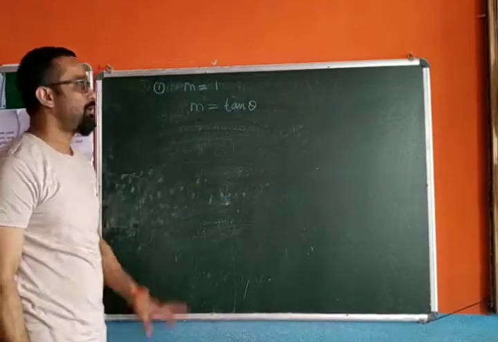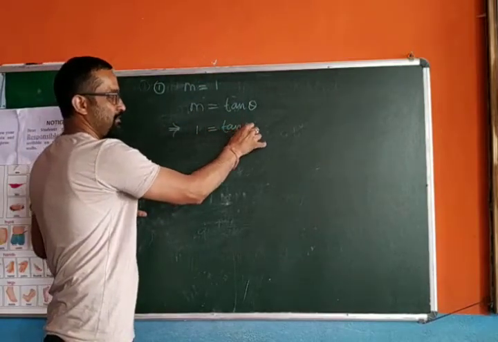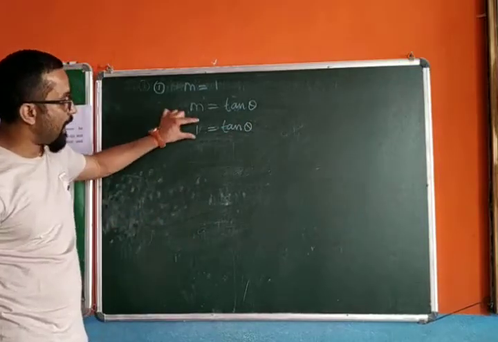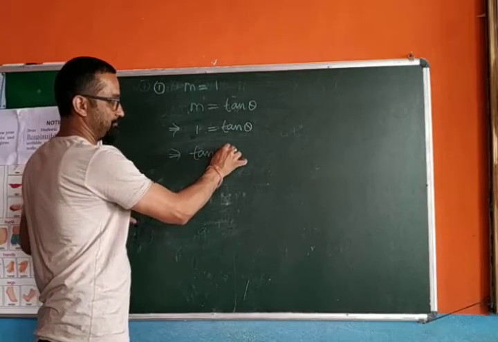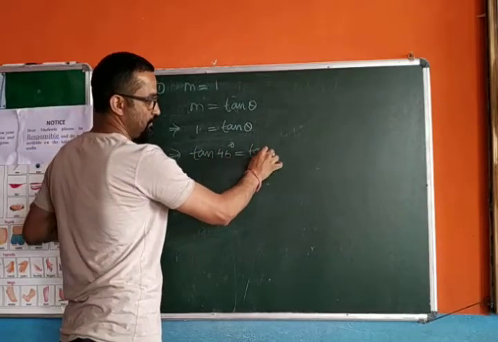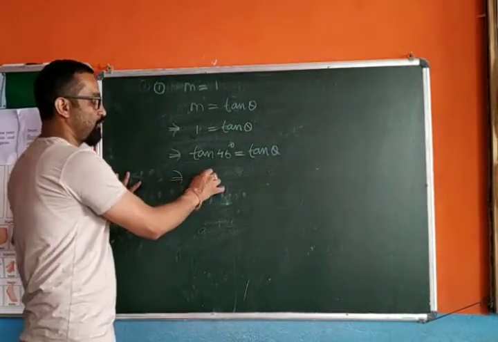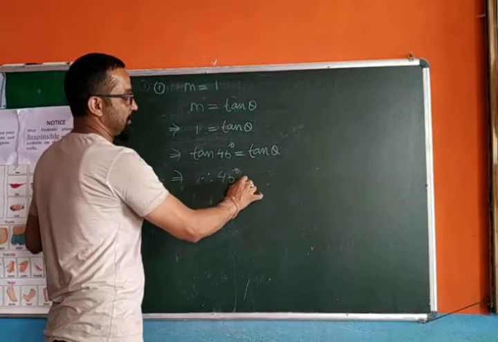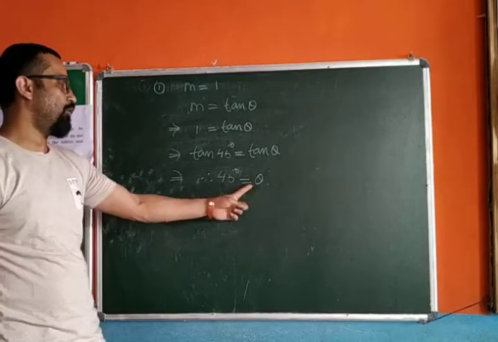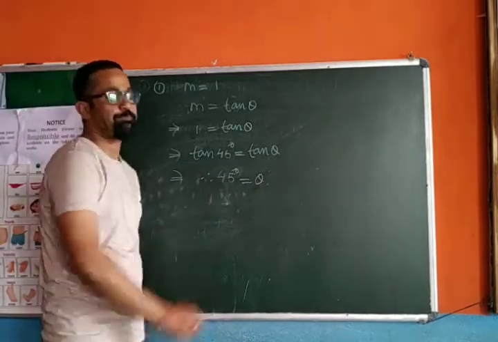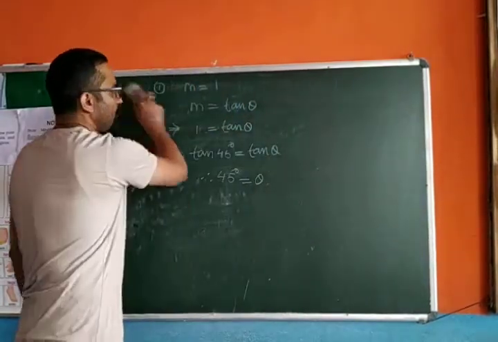Substitute 1 equal to tan theta. Which trigonometrical tan has the value of 1? It is tan 45 degrees. You cannot cancel tan from either side. Therefore, 45 degrees is equal to theta. The angle of inclination is 45 degrees. Similarly, you can do the other parts of question number 2.